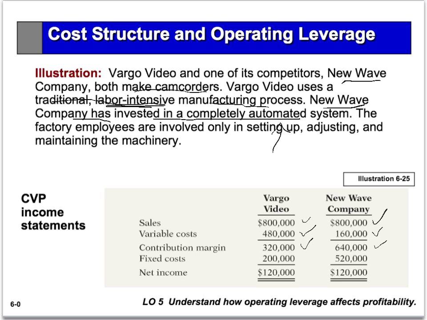Now the fixed cost for Vargo, because it's labor intensive, is low, and the fixed cost for New Wave is very high. So this is their cost structure. The amount of variable cost and fixed cost in the structure for Vargo, that is high variable, low fixed. For New Wave, it's low variable, high fixed. They both have the same profit.